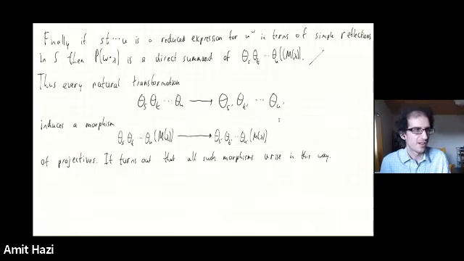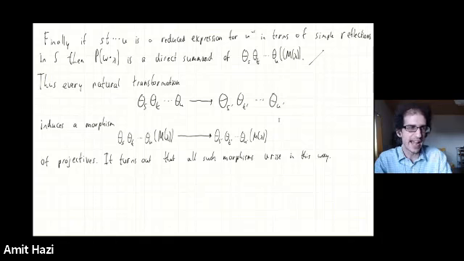So in particular, it's enough to understand these functors, theta s, theta t for different simple reflections and natural transformations between these functors in order to understand morphisms of projective objects, in order to come up with a presentation of the algebra A that we originally wanted.